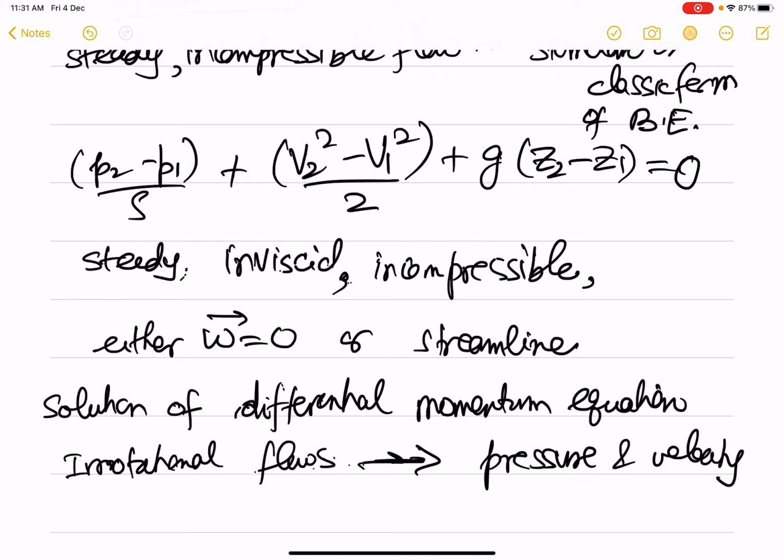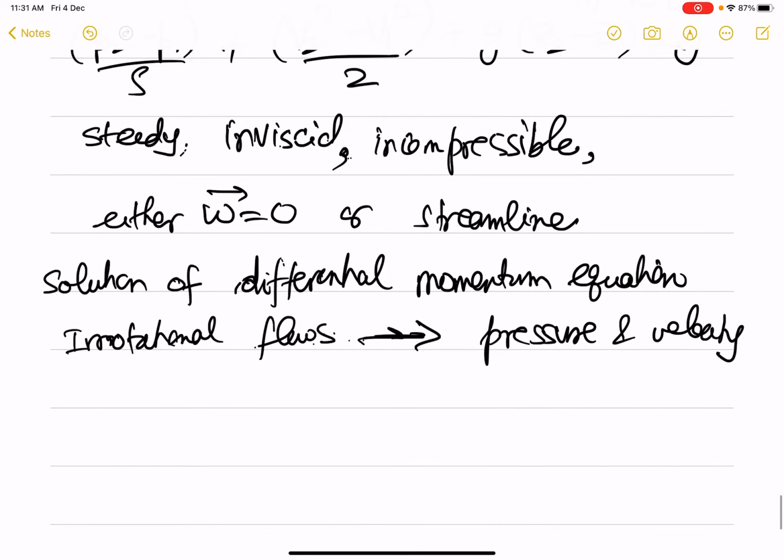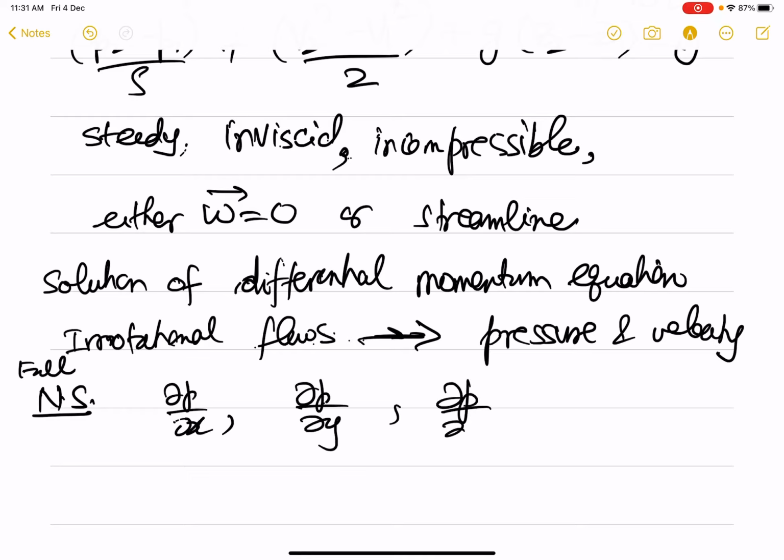How did we get this relation in the Navier-Stokes equations? If you realize, in the Navier-Stokes momentum equation, we had minus partial p by partial x, partial p by partial y, and partial p by partial z. In full Navier-Stokes equations, we had these pressure gradients in the momentum equation, and there was no equation for pressure.